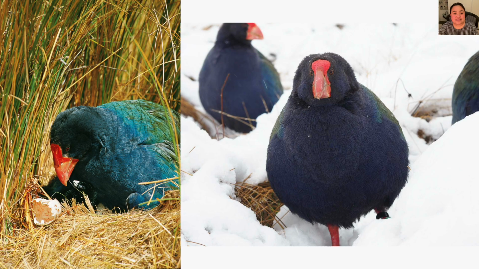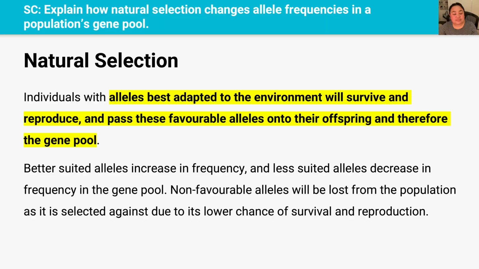There are also plenty of non-resource related environmental factors that individuals have to be well adapted to survive, such as the climate and temperature, predators and disease. Takahe, for example, live in harsh alpine conditions and have to move to forested areas when snow covers the mountains. Takahe also can't fly and are therefore at the mercy of ground predators such as stoats.